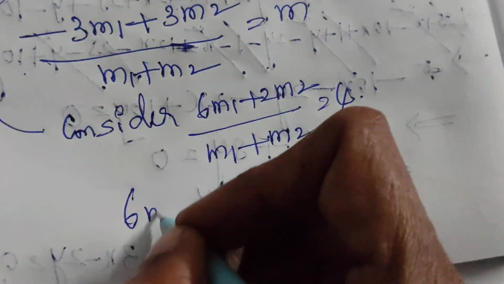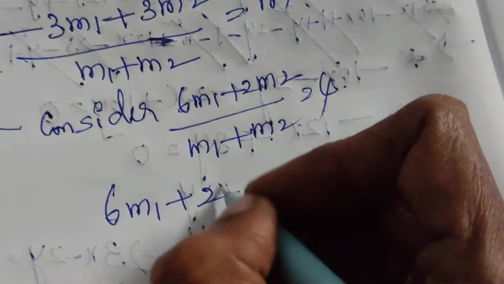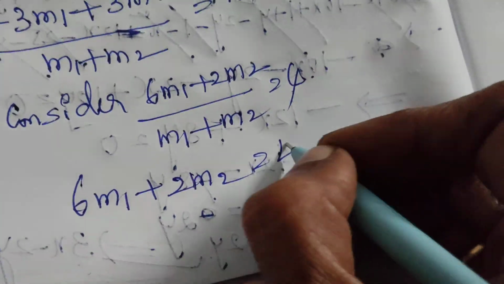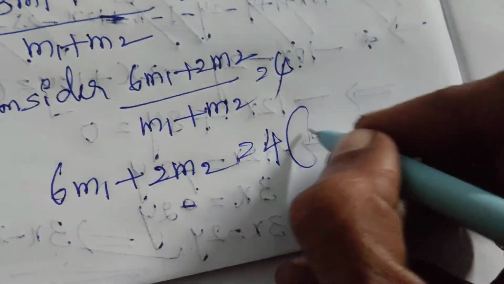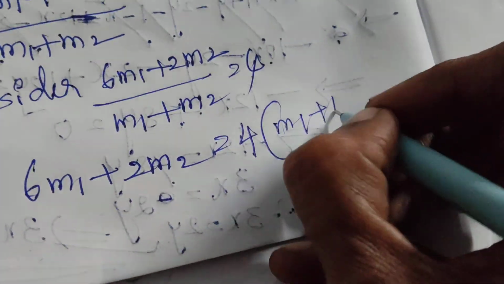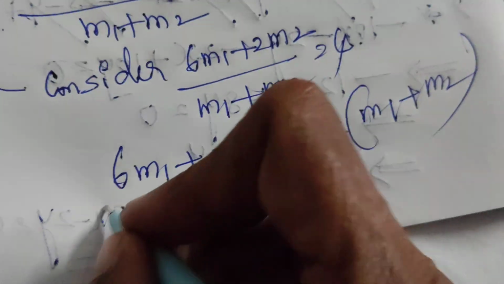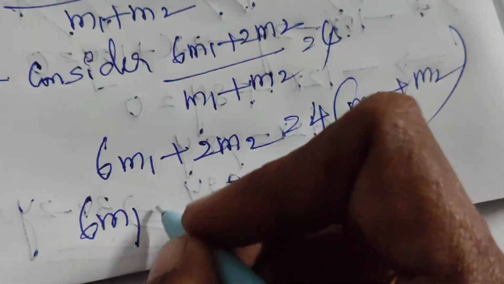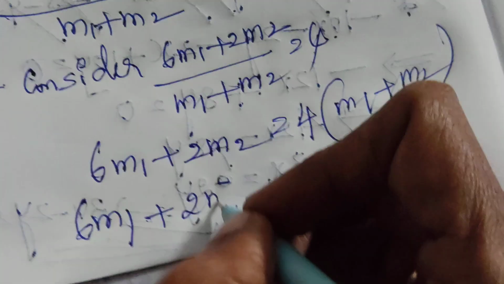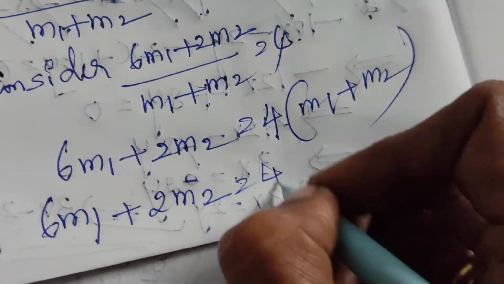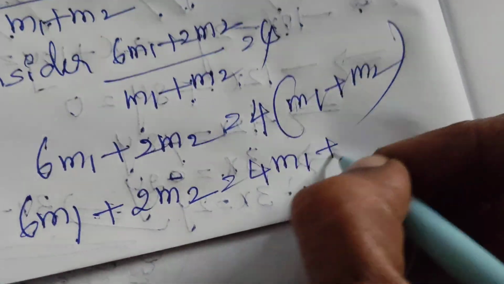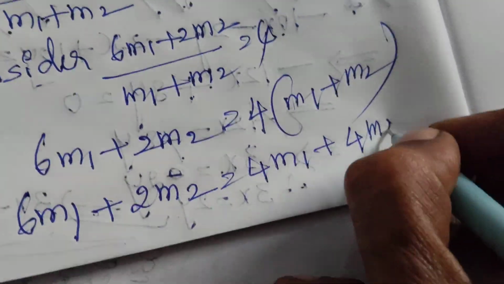Therefore 6 m1 + 2 m2 = 4 into (m1 + m2). Now 6 m1 + 2 m2 equals 4 m1 + 4 m2.